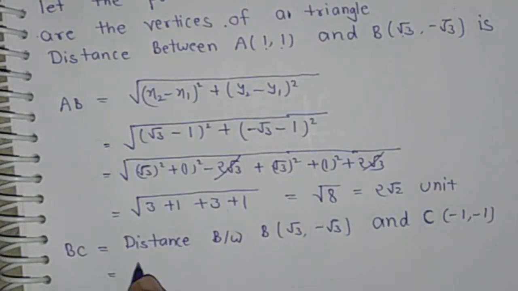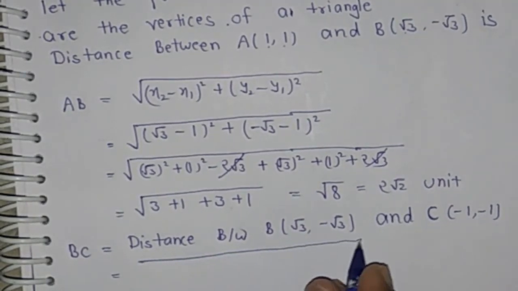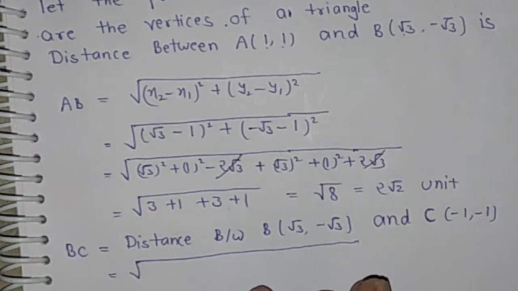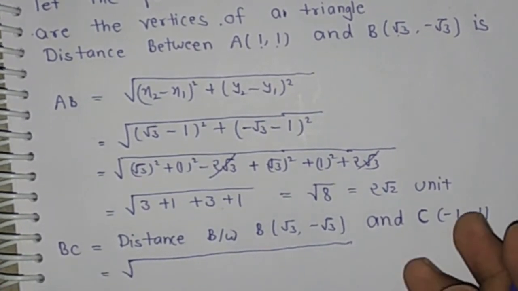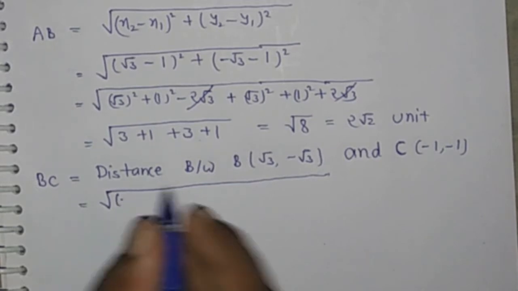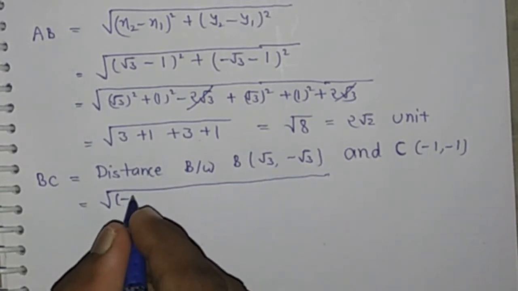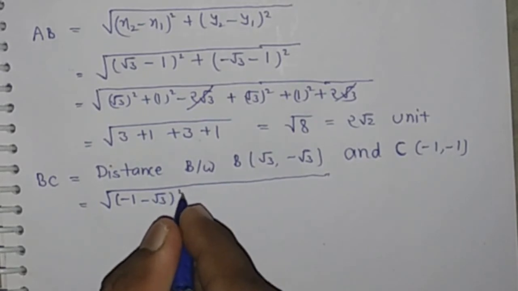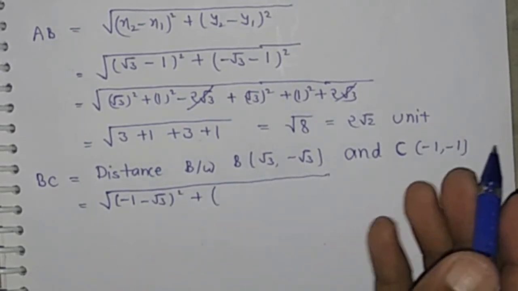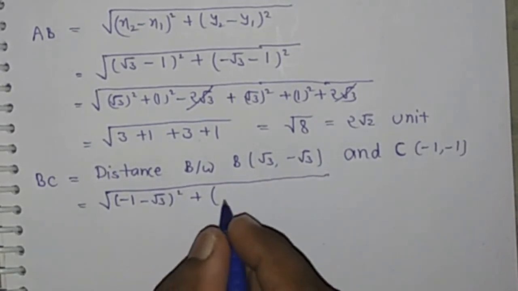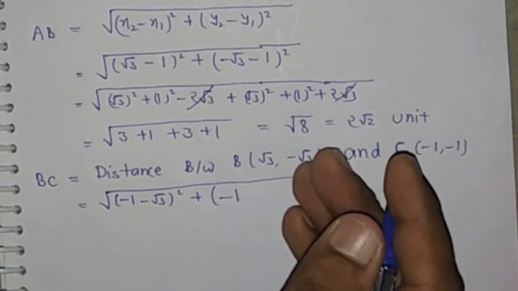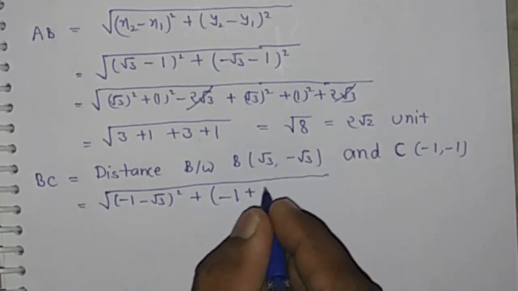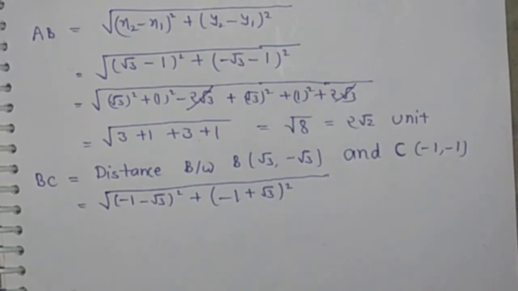Then the distance BC is the square root of (x2 minus x1) square, which means (minus 1 minus root 3) square, plus (y2 minus y1), which means minus 1 plus root 3, square.